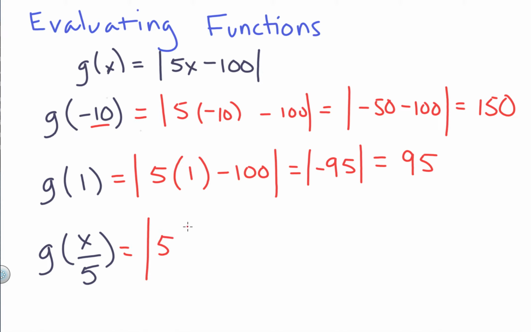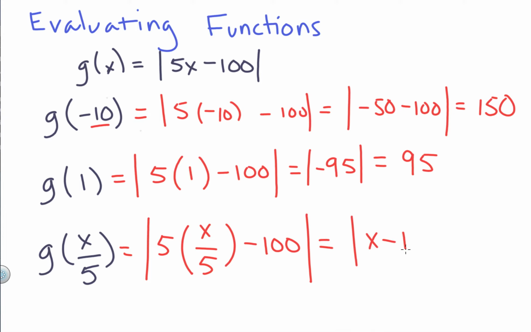Following the same procedure, I'm going to substitute whatever's in the parentheses for the x, and then simplify. Multiplying a fraction by our denominator gets us the numerator. So we end up with the absolute value of x minus 100. And there's nothing more we can simplify there.